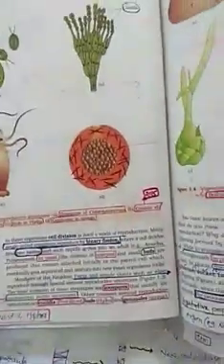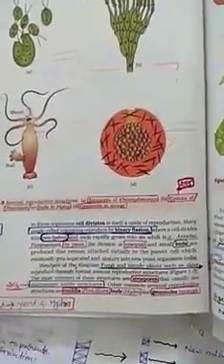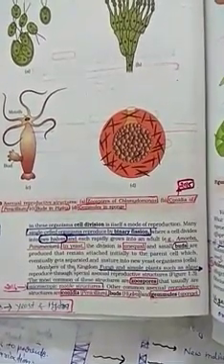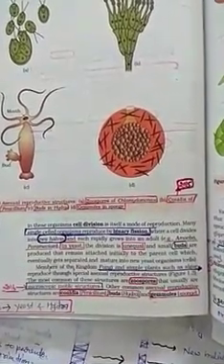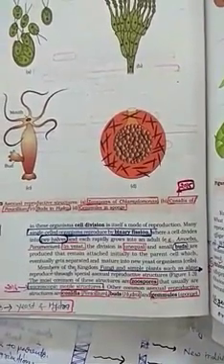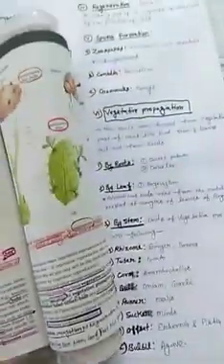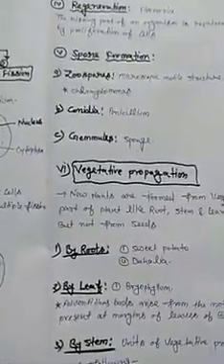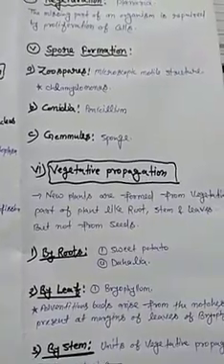Now we are going to start the next type of asexual reproduction, that is spore formation. There are three types of spore formation.